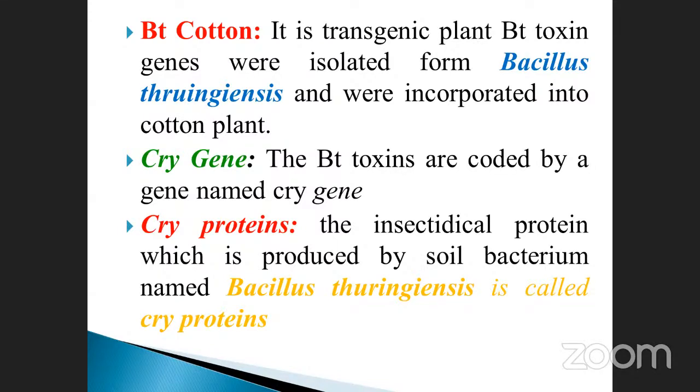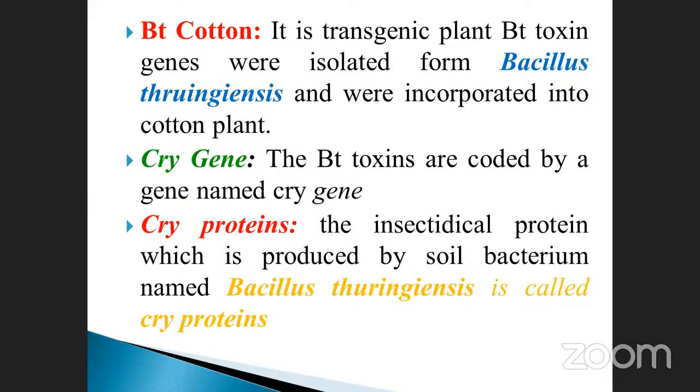One of its genes is isolated and incorporated into the cotton plant. That particular gene is called the CRY gene, which is responsible for the BT toxins. The toxins are coded by a gene named CRY gene. Another one is called CRY protein. These three questions are very, very important, my dear.